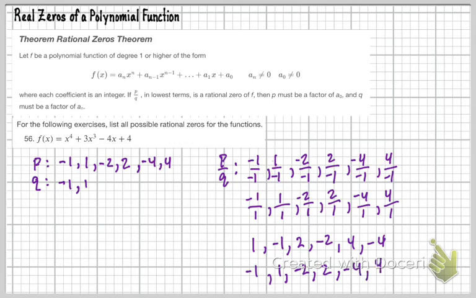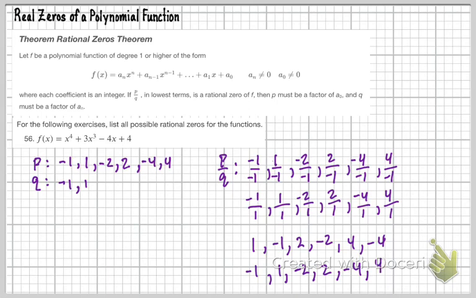You can see that both these lists are the same. They're just in a different order, so we don't need them all. One thing we'll realize is that when I have this plus and negative 1 on the bottom and I divide each of them by it, it's always going to create the same list, because I'm using all the same numbers on the top. So I don't have to write these out twice.